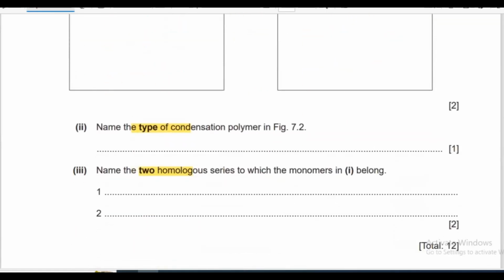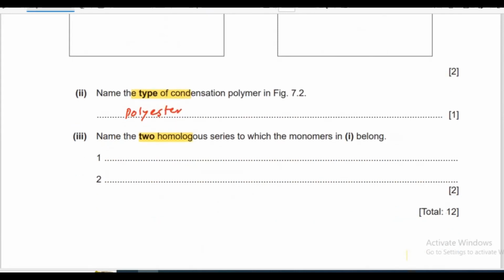Name the type of condensation polymer in figure 7.2. This is a polyester because it contains many ester linkages. Whenever an alcohol and a carboxylic acid react, we get an ester. Name two homologous series to which the monomers belong.